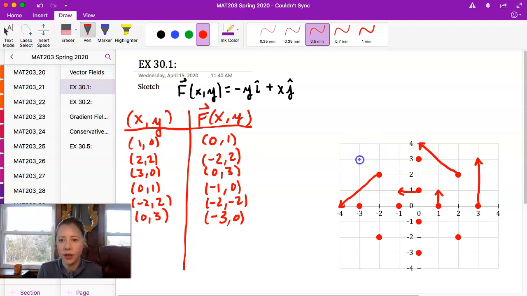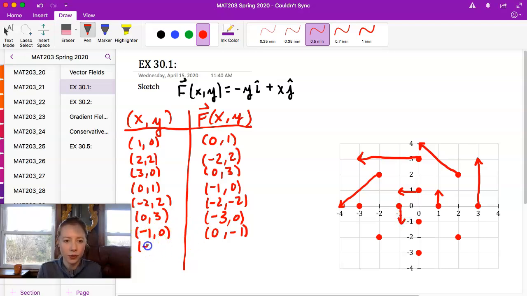That'll bring us here to -3, 3. And then we have -1, 0. If we plug that in, we get 0, -1. So from -1, 0, we go down 1.